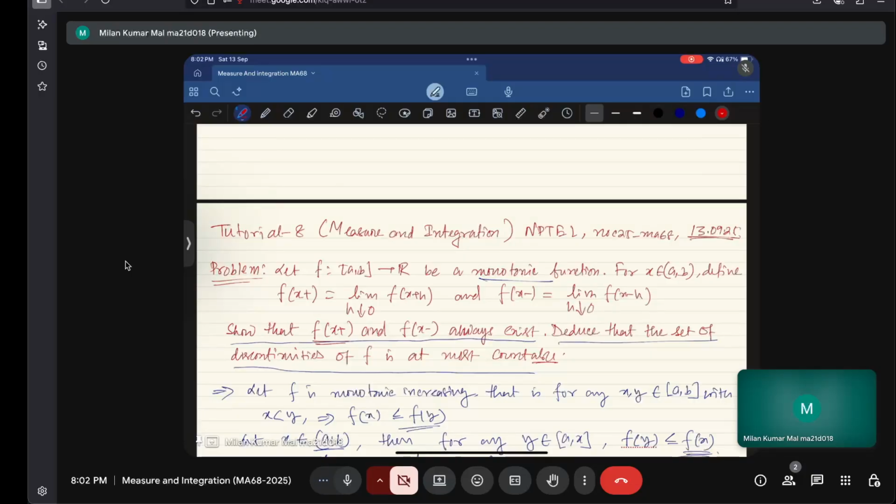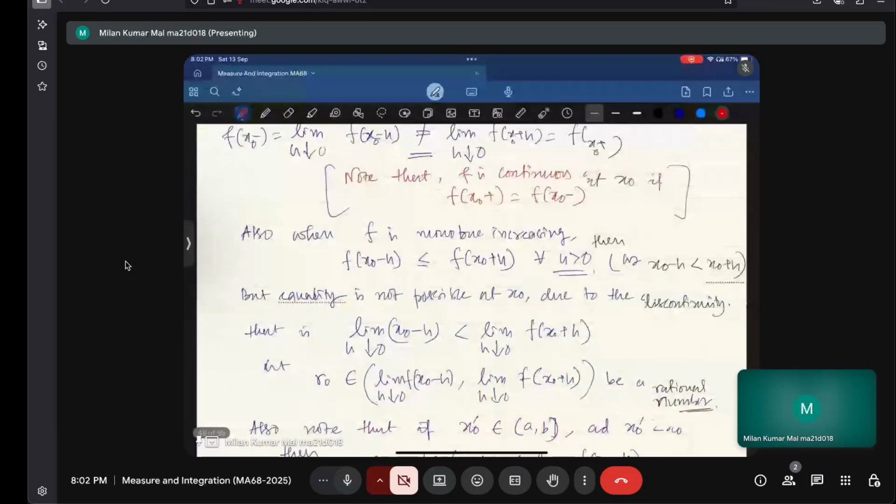If they are equal, then we say the function is continuous at that point, and if not, then it is discontinuous. So for a monotone function, the discontinuity can only be a jump discontinuity. Next, we proved that the number of discontinuities of a monotone increasing function can only be countable, not uncountable.